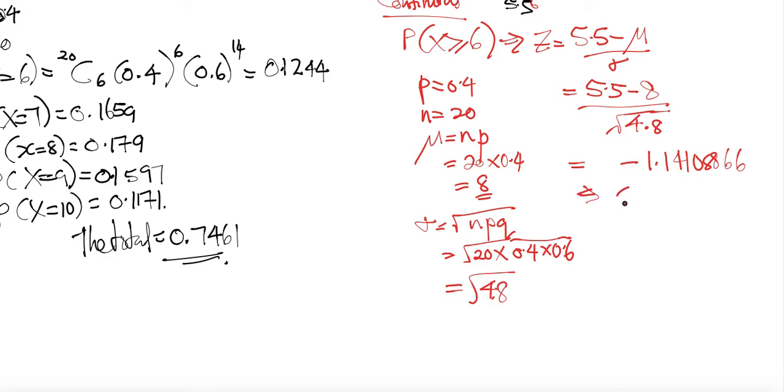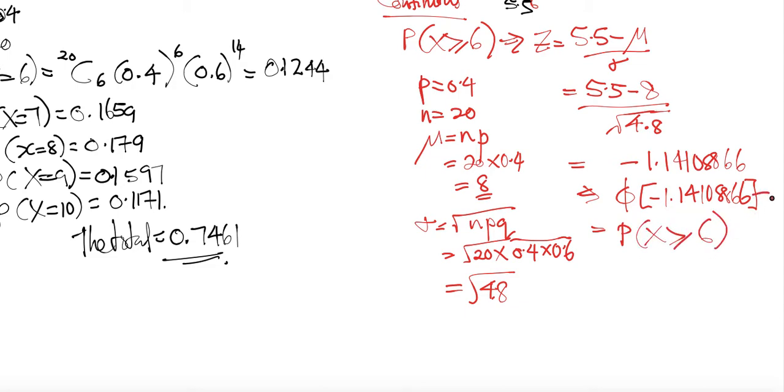So phi of negative 1.14108866 will be the probability for x greater than 6.